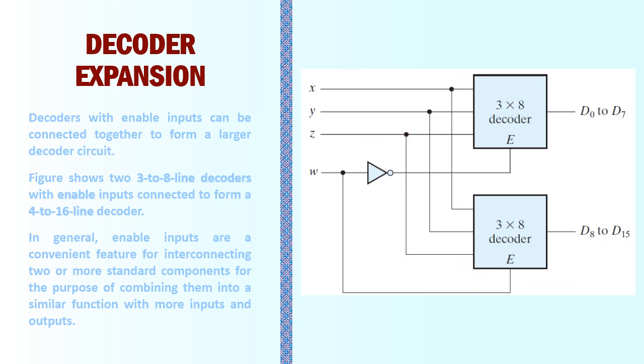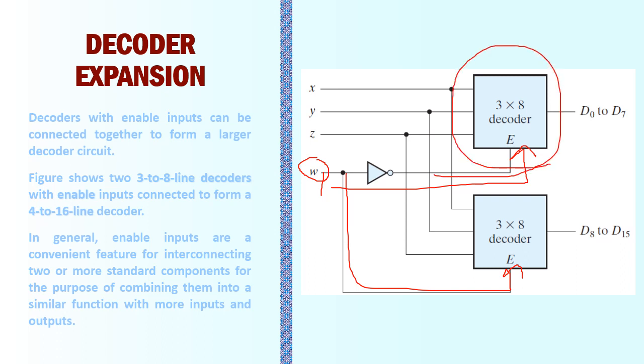But the fourth input variable W is coming in normal form to the lower 3 to 8 line decoder, and its complemented form is going to the upper 3 to 8 line decoder. So when W is equal to 0, the upper decoder, an active high decoder, will be working, and when W is equal to 1, the lower decoder will be working.